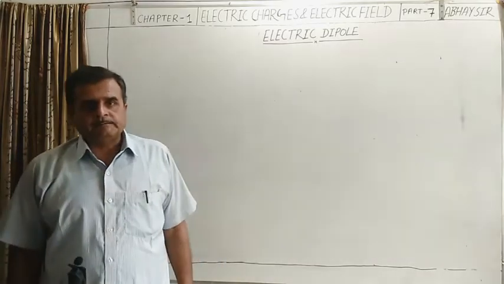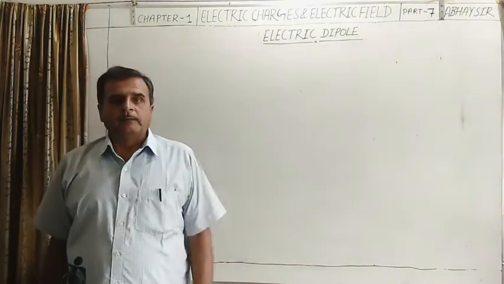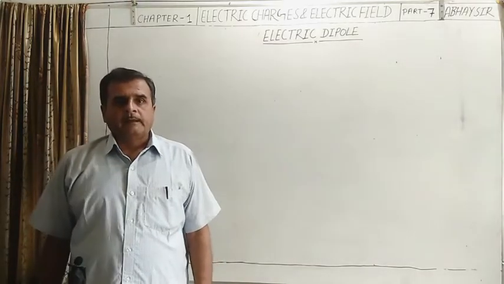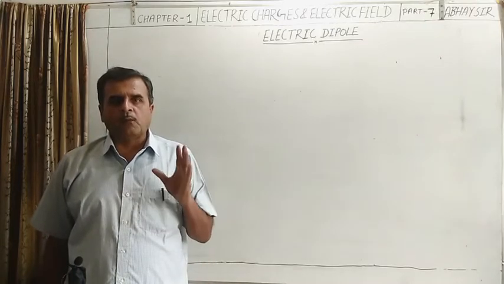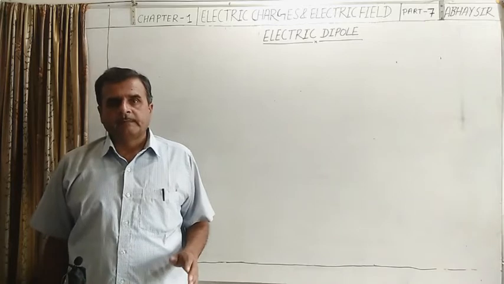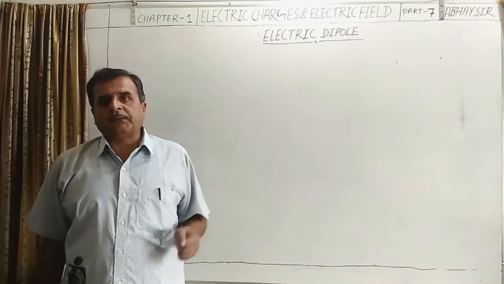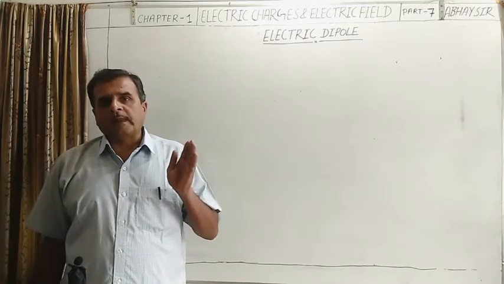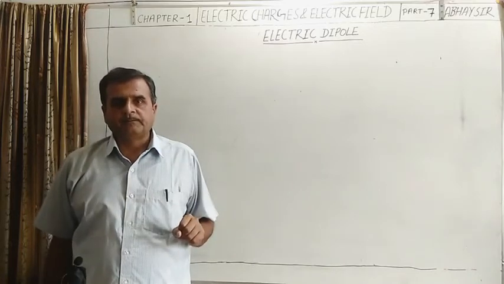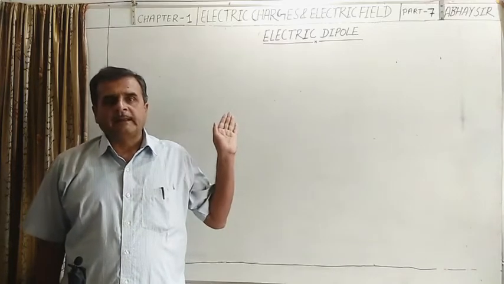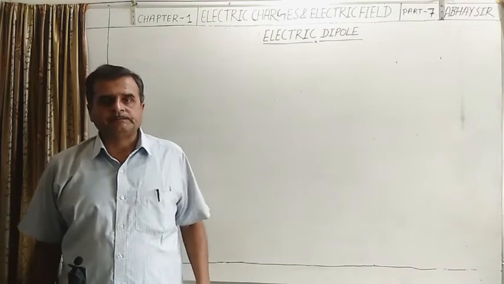First of all, what is electric dipole? Electric means electric charge, dipole means two poles. It is a pair of two equal and opposite charges separated by a small distance, which is called an electric dipole.